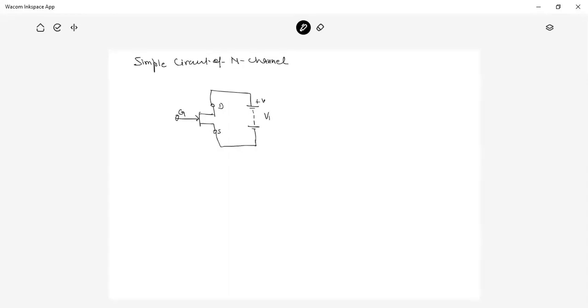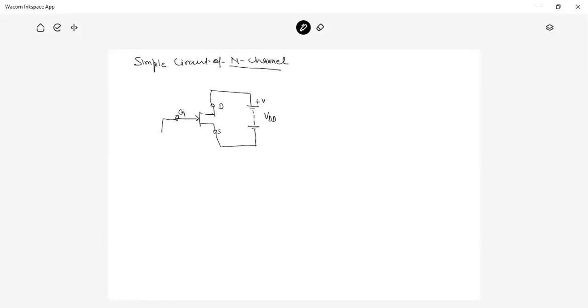So this is VDD, drain, VDD. And this gate, it is N channel, so this gate is P type, here it is N type.